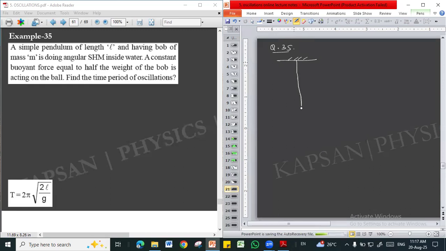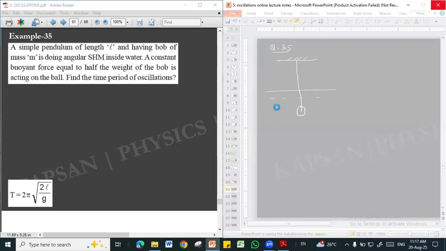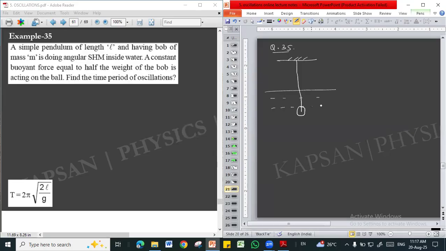So the pendulum is performing oscillations inside the water. Now inside the water, it will be acted upon by a constant downward force at any general position. There will be a constant downward force mg and a constant buoyant force Fb.